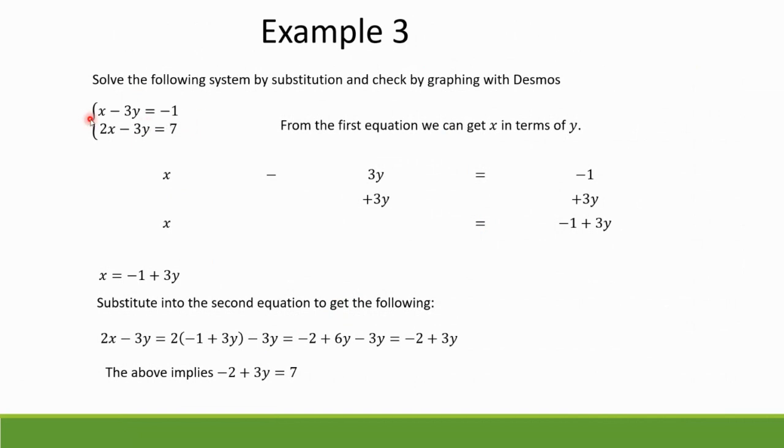The coefficient of x is 1. So that's why, to me at least, it makes more sense to get x in terms of y. You could get y in terms of x if you want to, except you'll be dealing with fractions. Not that that's bad, but getting x in terms of y makes it a little bit easier.